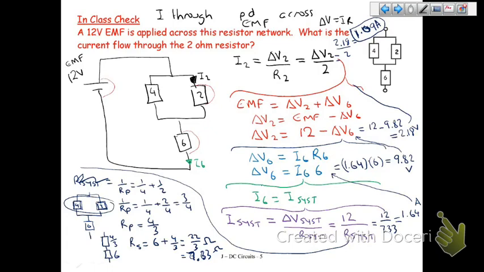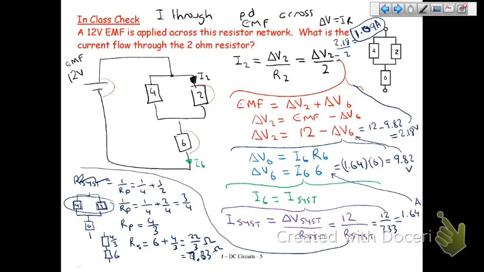Sometimes I could say, if I have 6 amps coming into this junction, which one of these resistors would have more current flowing through it? The big resistor will have less current flowing through it because it's a big resistor.